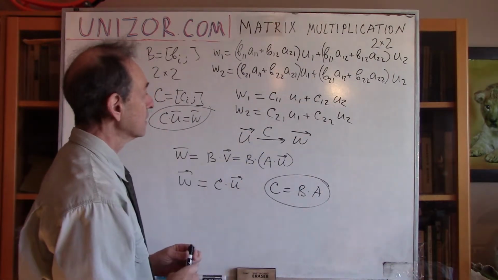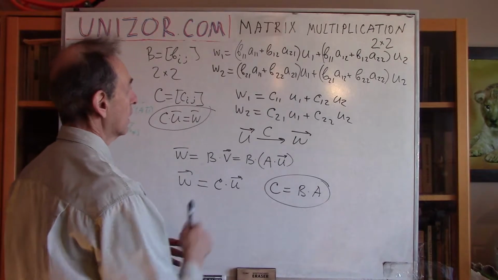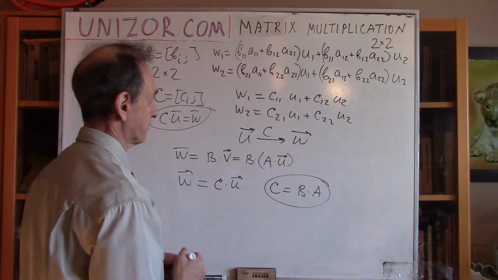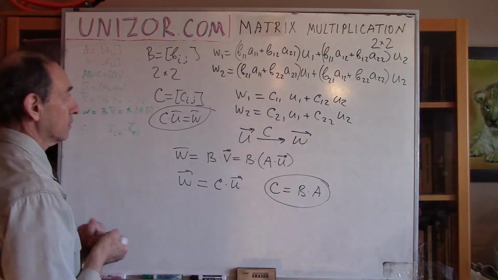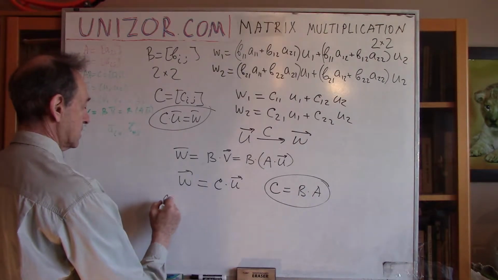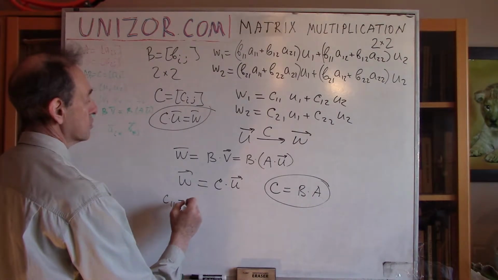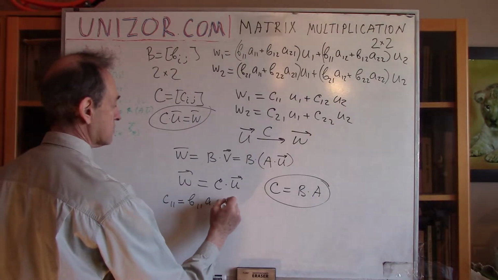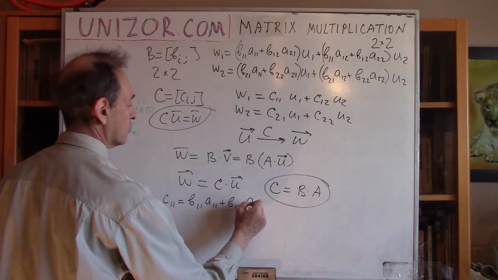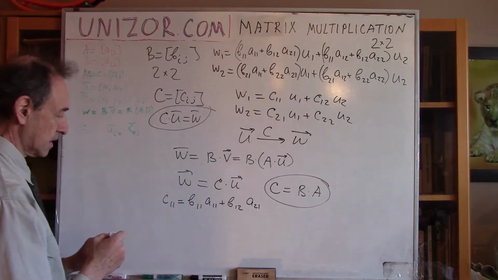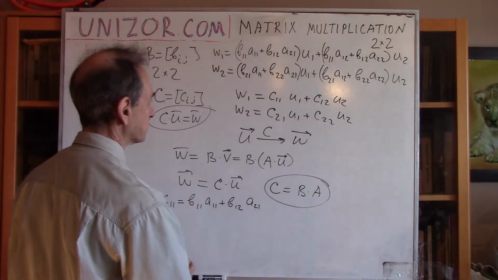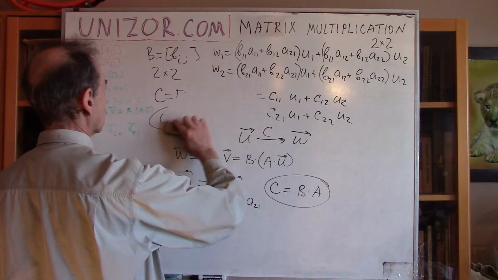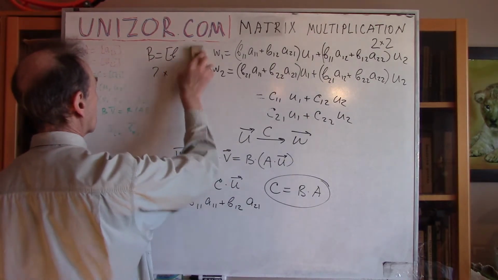But let's take a closer look at these definitions. Look at this. C11 equals B11 A11 plus B12 A21. Okay, let's think about how it looks.